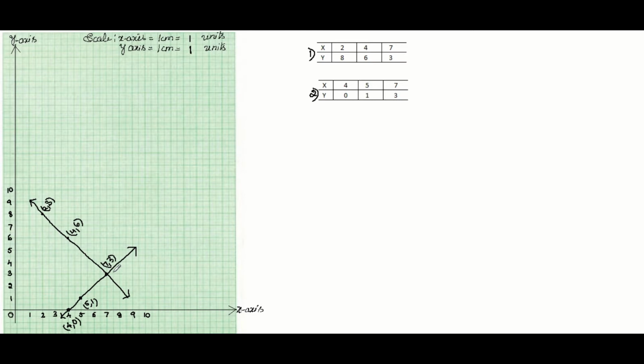So this (7, 3) is the intersecting point. Fine. So we need to write here, these lines are intersecting. Hope you understood this.